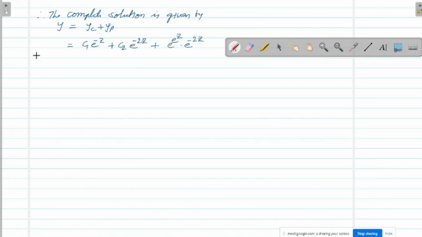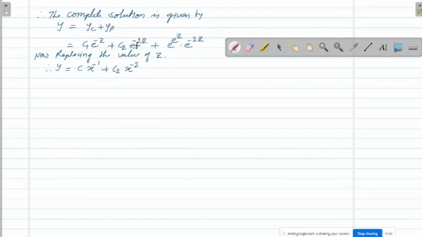Now replacing the value of z, therefore y equal to c1 e raised to z, what can we write it as? x raised to minus 1, okay, and plus c2 e raised to z, what can we write it as? x raised to minus 2.